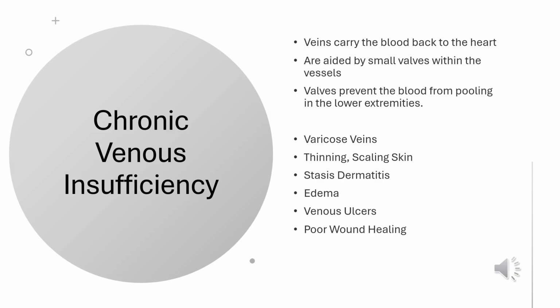You'll also see a lot of dependent edema and poor wound healing. I'm sure you've all seen this in your registered nurse career, so it's important to know how you play a role with that in primary care.